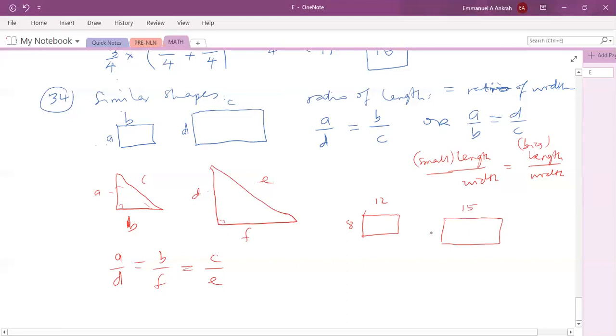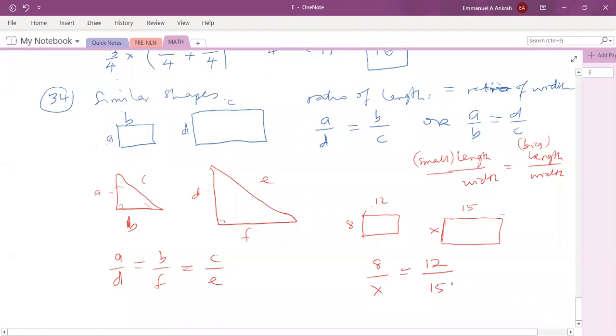They want to find the width, so let's call the missing width X. I can set the ratio of the width of the small rectangle to the width of the bigger one equal to the ratio of the length of the small to the length of the big one.